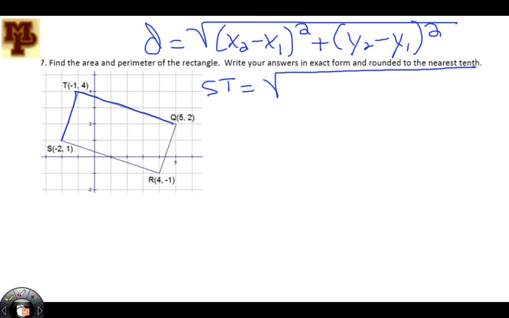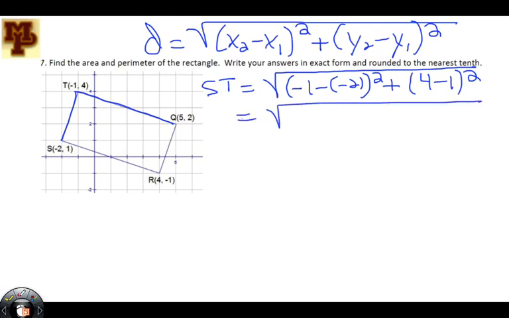Big ol' square root. We're going to subtract the x's. So I'm going to do -1 minus a -2 squared, plus, and then I'm going to subtract the y's, 4 minus 1 squared.